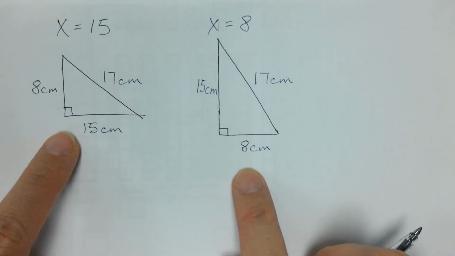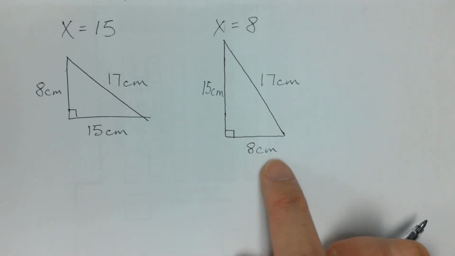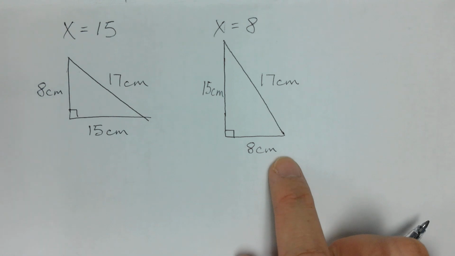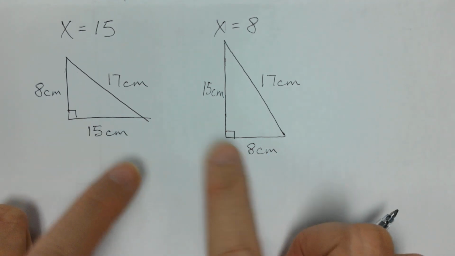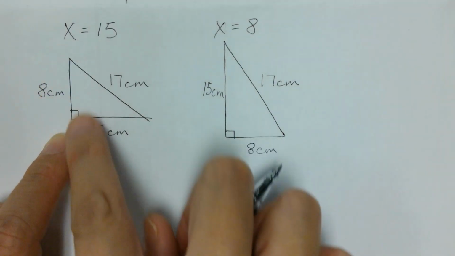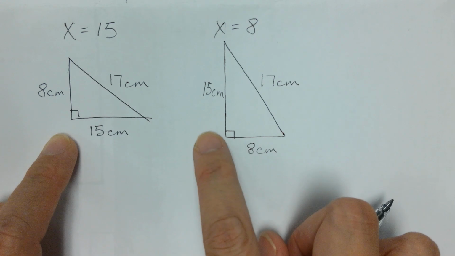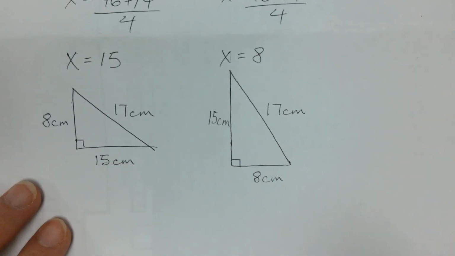So therefore, what was the question asking? What are their lengths? So their lengths is actually just the same triangle, but one drawn sideways like this and the other drawn like this. It's the same triangle. When you rotate it, it's still the same length.